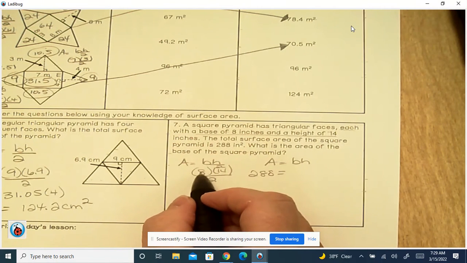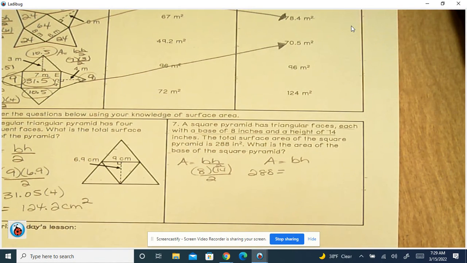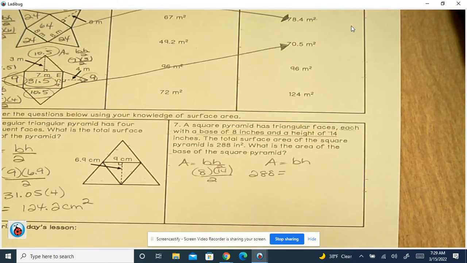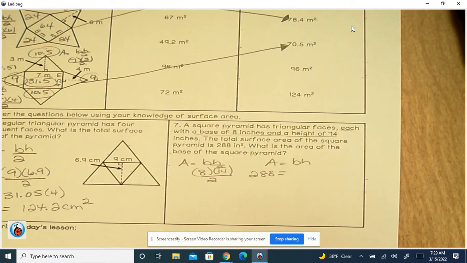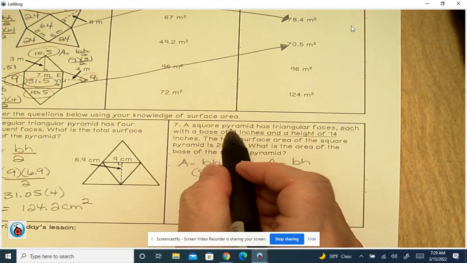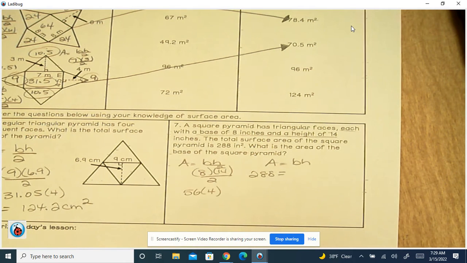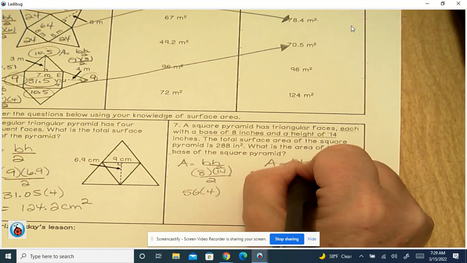And when you do 8 times 14, you get 112, and then divide it by 2, you get 56. But it's a square pyramid, so it's going to have 4 triangles. So we're going to multiply that by 4, and we get 224.